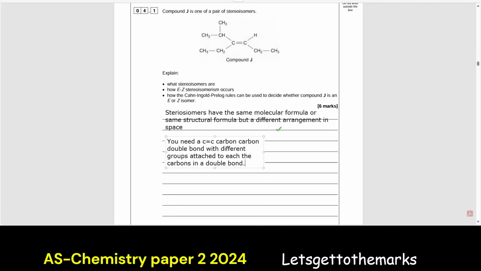I could have shortened that down massively by just saying you need different groups attached to each carbon in a double bond.